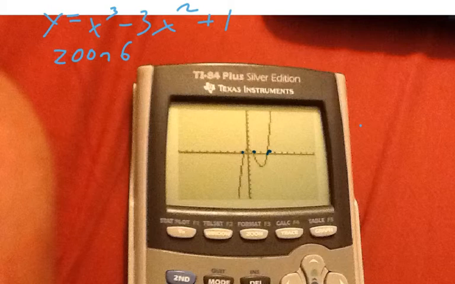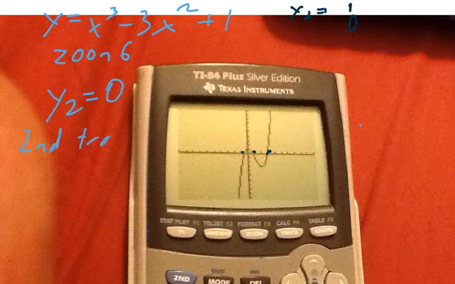So what I'm going to do is in y2, I'm going to plug in 0. So y2 equals 0. And so when I do that, I'm going to be able to find out the intersection. To find out the intersection, we do second trace 5, and then we hit enter twice.